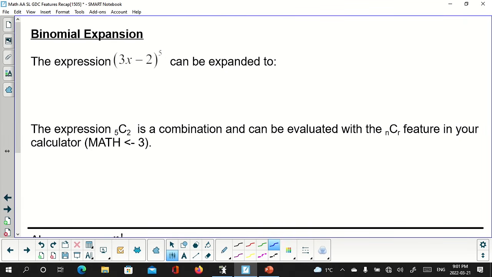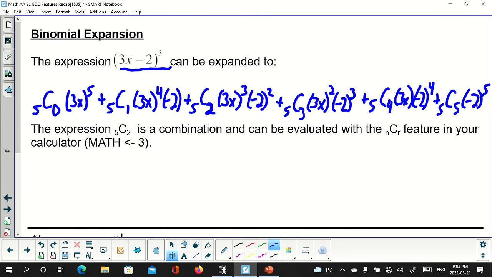The other probability distribution that we're likely to run into is the binomial probability distribution. And before we get into that, let's look at binomial expansion a little bit. So if I were to expand this expression here, I could write it out this way. Now, if you want to go through how that all works, you can check out the algebra review video. But the main thing here is that there are going to be combinations that need to be evaluated, like 5C2.